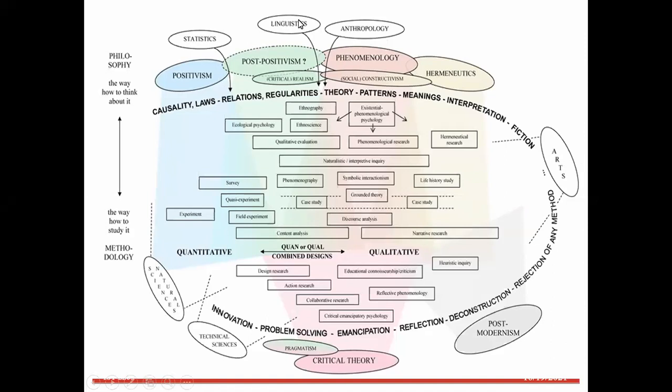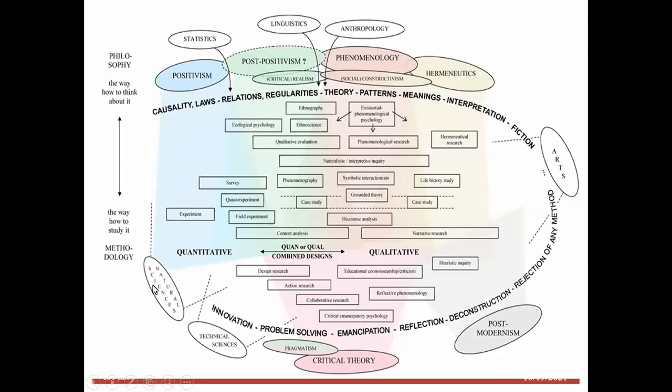So different disciplines have, first of all, a way they think about research, different philosophies. These are these oval-shaped things. There are different philosophies, ways of thinking about research. And then out of these different philosophies come different ways of doing work. So I'll come back to the natural sciences.